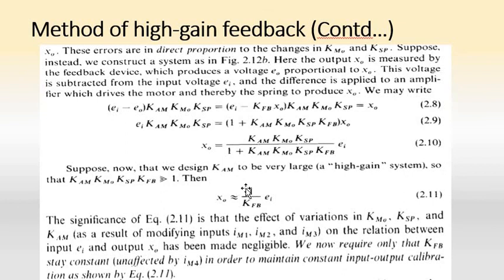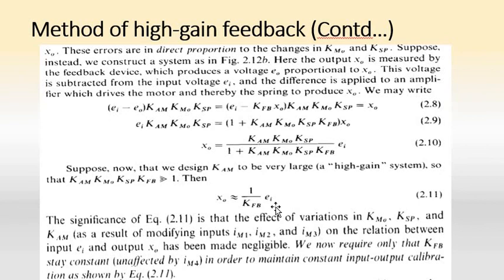x naught is equal to 1 by KFB into EI. What is KFB? It is the gain of the feedback device, EI is the input, and x naught is the output. So we got a relation between input and output where the only proportionality constant is 1 by KFB, and all other gains, that is amplifier gain, motor gain, spring gain, are removed from this relation. Or we can say the relation between EI and x naught is independent of KAM, KMO and KSP.